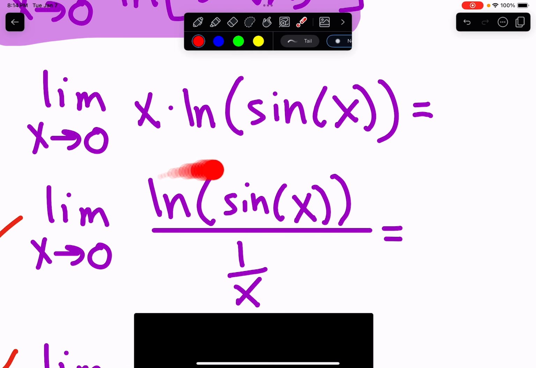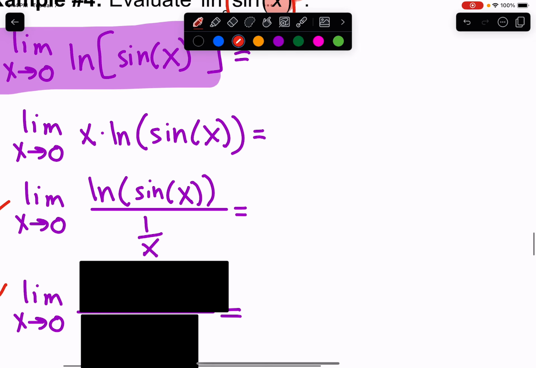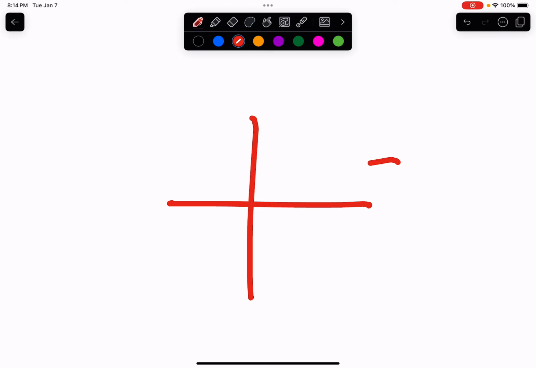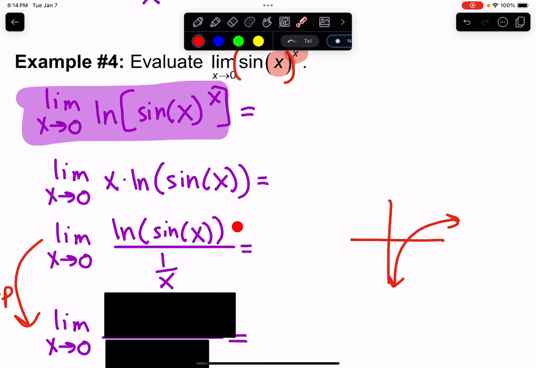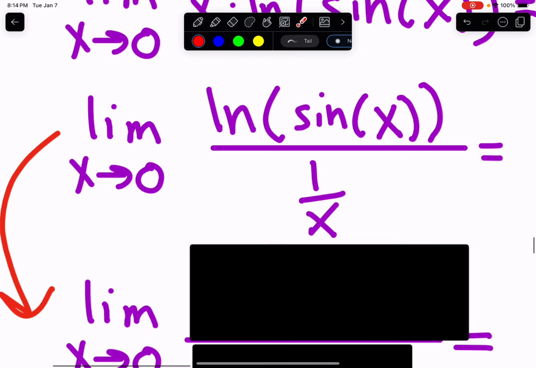So if I plug 0 into this, sine of 0 is 0. Now remember, natural log, I'm not actually plugging in 0, I'm plugging in something that's approaching 0. And so if you remember what happens to natural log, let's do a quick graph here on the side. What does natural log look like? It looks like that. As x is approaching 0, the natural log function is going down, down, down to negative infinity.